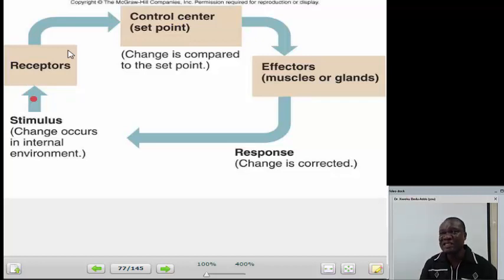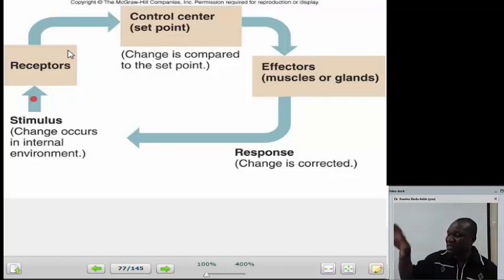Now the integrating center is the brain and the spinal cord. So the receptors will detect the environmental change. The information will be sent via sensory neurons to the integrating center, which is the brain or the spinal cord.